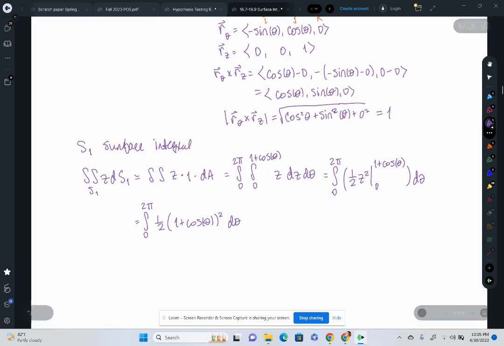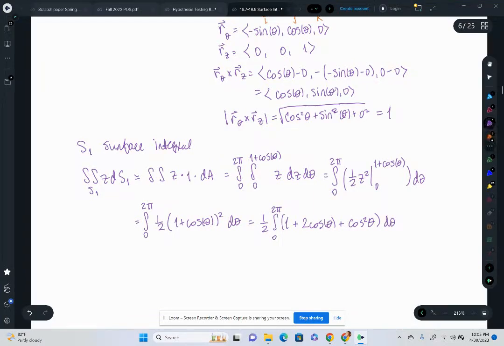So I'm going to have to expand that, and then I'll be able to maybe use some trig identities. All right, I'll pull the 1/2 out. Integral 0 to 2 pi, 1 plus 2 cosine of theta plus cosine squared of theta, d theta.